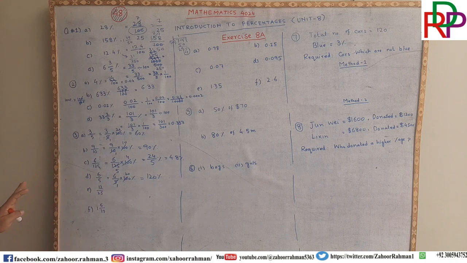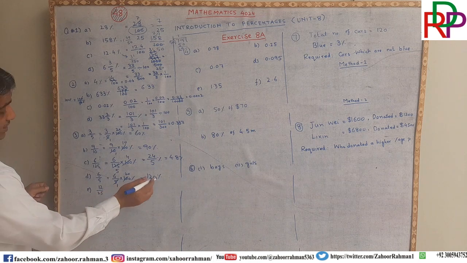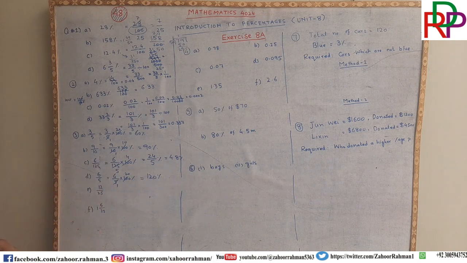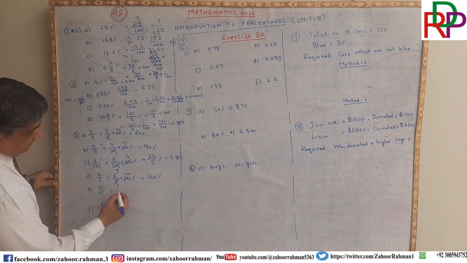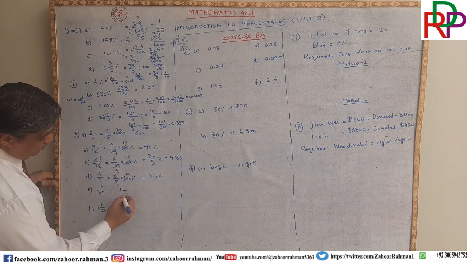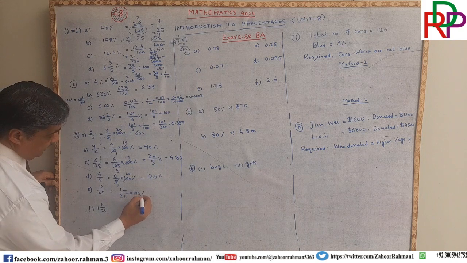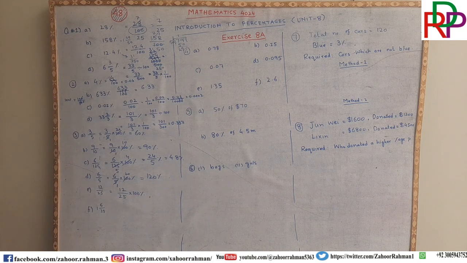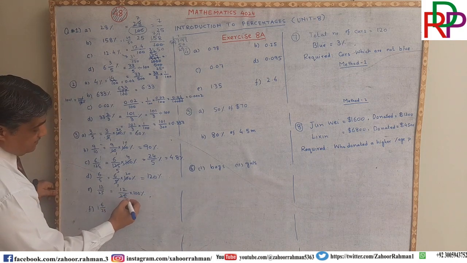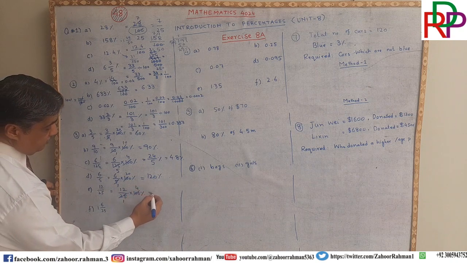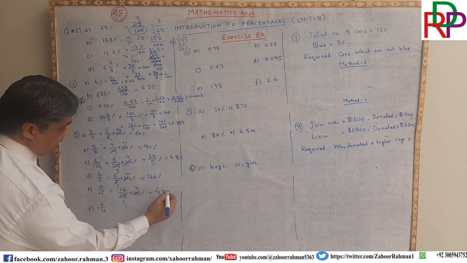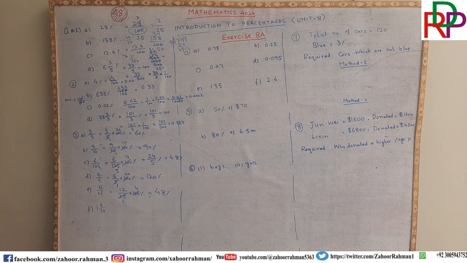You can find the percentage increase or percentage decrease. So keep in mind that numerator can be greater than the denominator in the percentage. Here we are doing 12 divided by 25 into 100%. 25 ones are 25 and 25 fours are 100, so it means 48%.